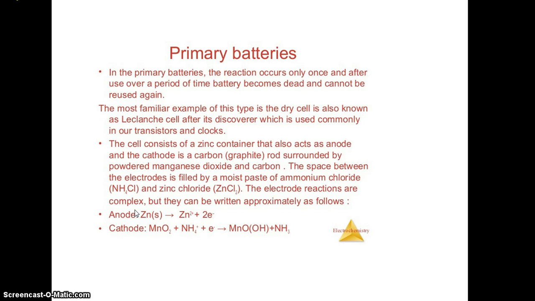Leclanche cell or dry cell is an example of this kind of primary battery, and it is mainly used in transistors as well as clocks.